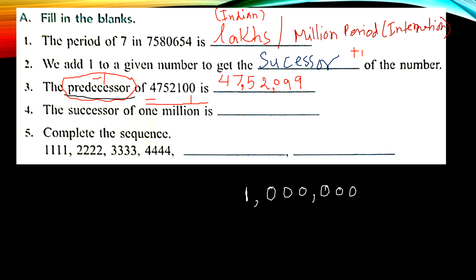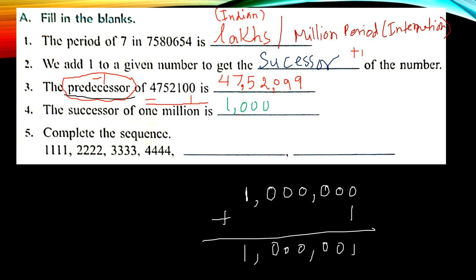Now successor, as I told in the previous question, means we have to add 1. So you add 1 here, and the answer will be 1 million 1. That's it.